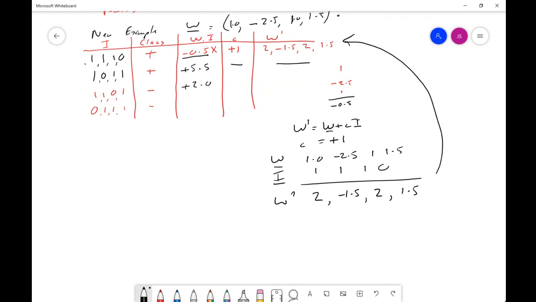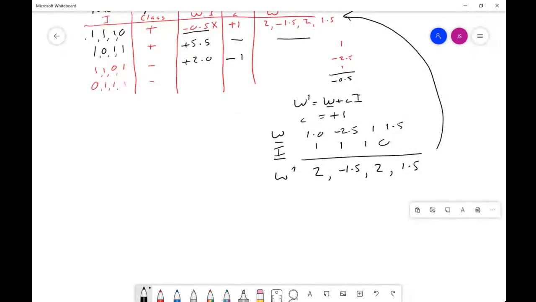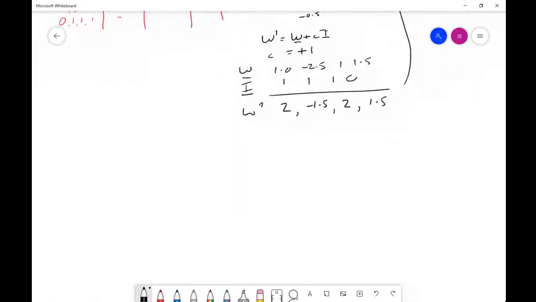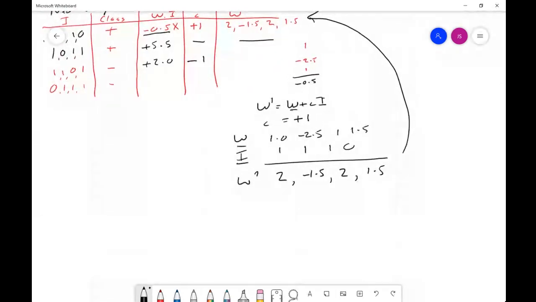We need to update the weight vector, make it negative. C is minus 1. We will now be subtracting the current pattern from the current weight vector. And let's do that separately. So the current weight vector was this. We're now subtracting the current input pattern, which is going to be 1, 1, 0, 1.